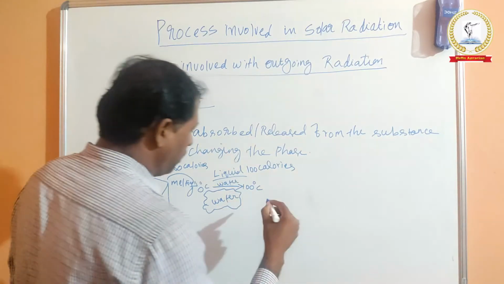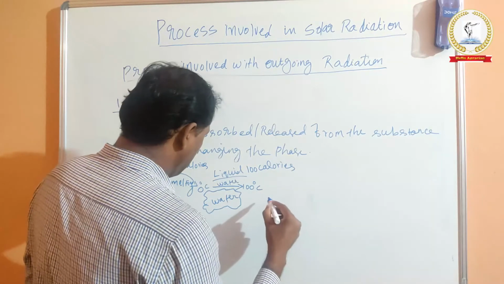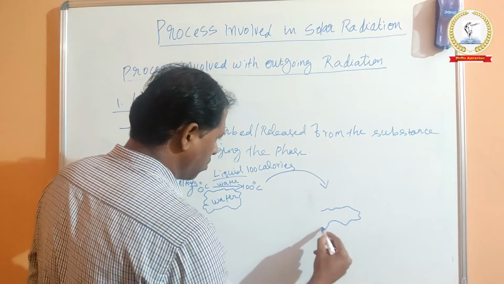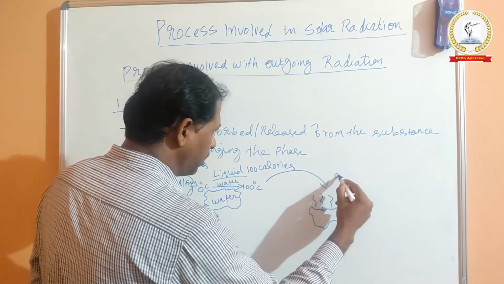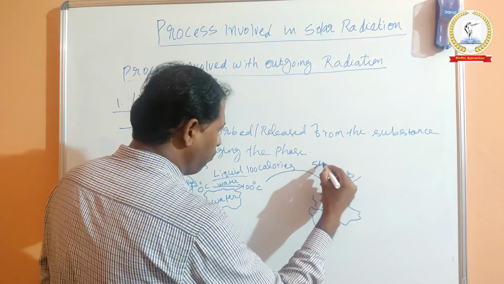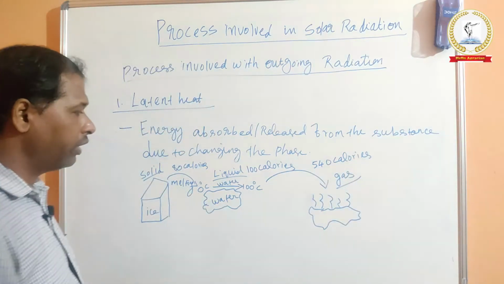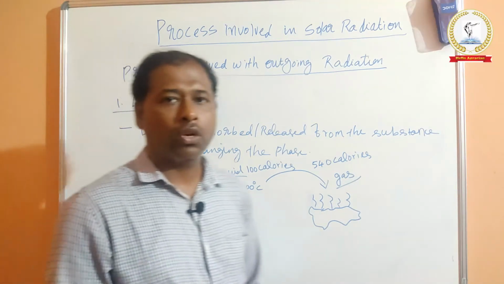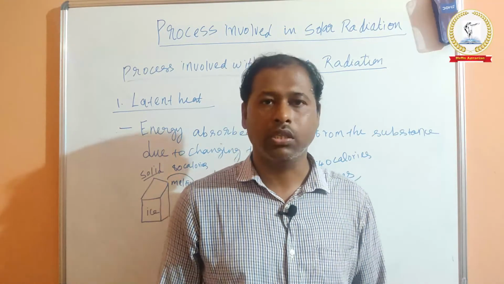Okay, then this boiled water converts into gaseous form, and converting into gaseous form, it adds 540 calories. Okay, it adds 540 calories.